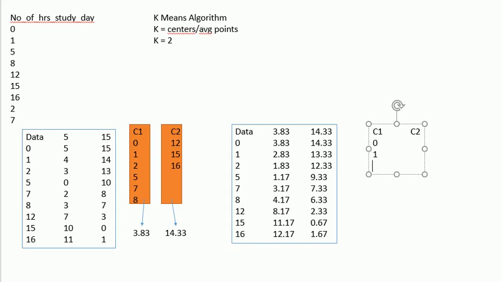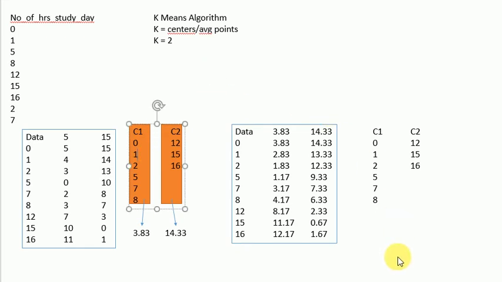Then 2 will also come under C1, and 5 will also come under C1, and 7 will also come under C1, 8 will also come under C1, and then 12 will not come under C1, 12 will come under C2. So from here 12 will start, 12 will come under C2, and then 15 will come under C2, then 16 will come under C2.